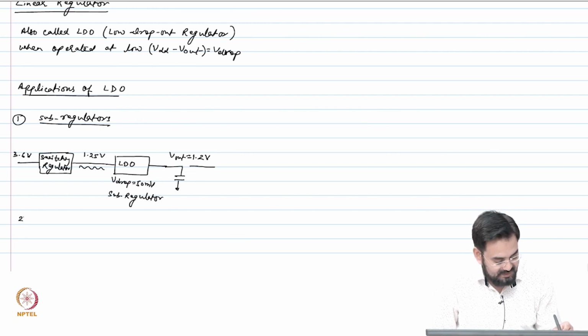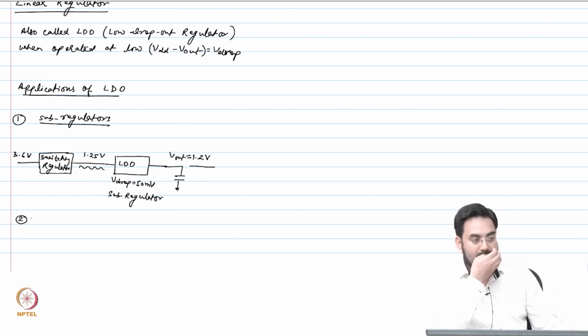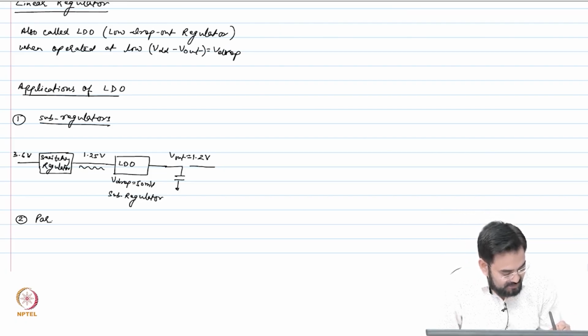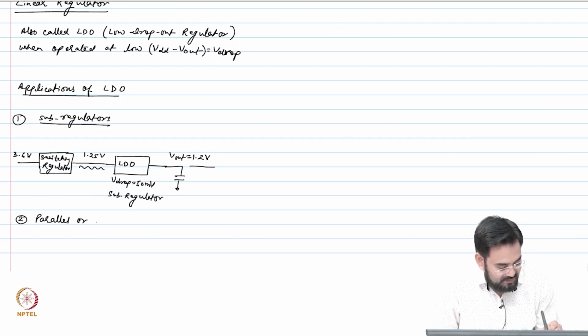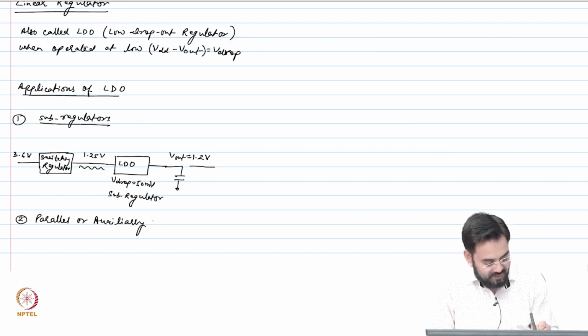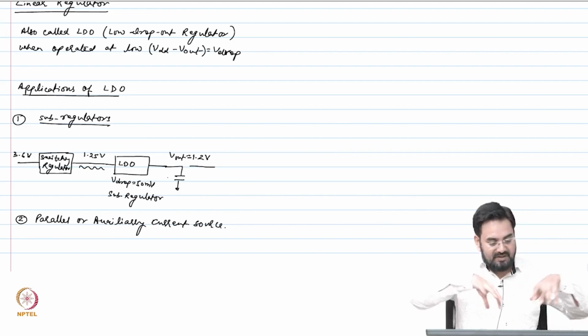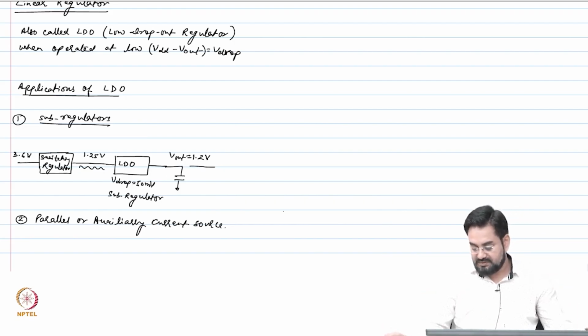So second application, parallel or auxiliary current source. So in this case they are cascaded. Now if you connect them parallel, let's see what happens.